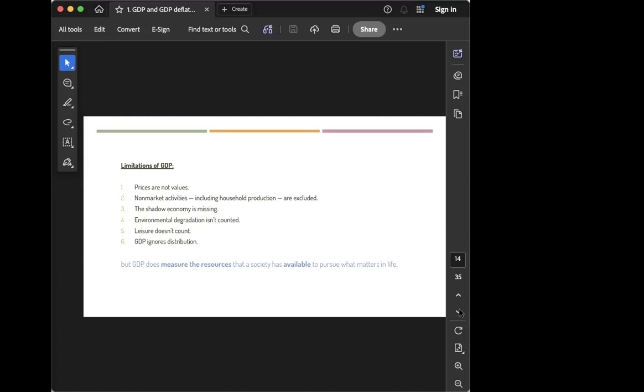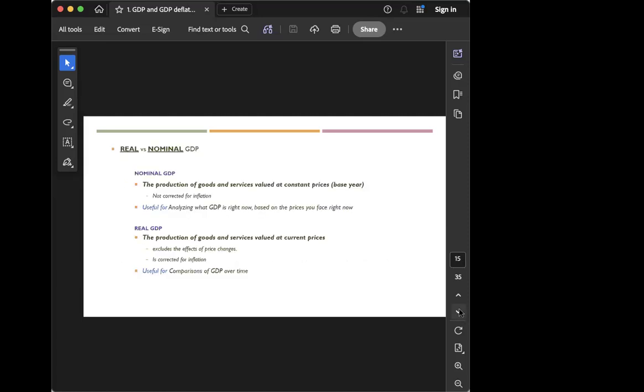All right. So we're going to hop into real and nominal GDP. Please be careful here because the key distinction is prices. Nominal GDP values production using current prices. So nominal GDP can increase either because we produce more goods or services or because prices increase, right?